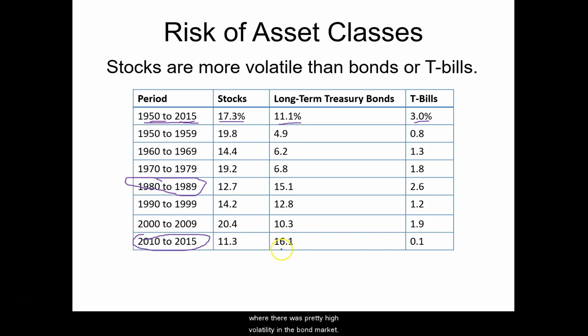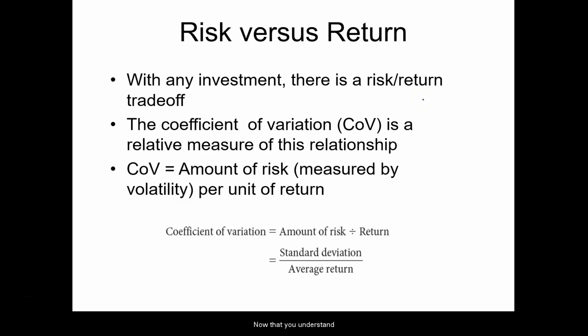Well, there was pretty high volatility in the bond markets. So again, these are just what people have observed from the actual market in the past. And looking at the past data helps us to understand the general performance or behavior of the stock market or the bond market.